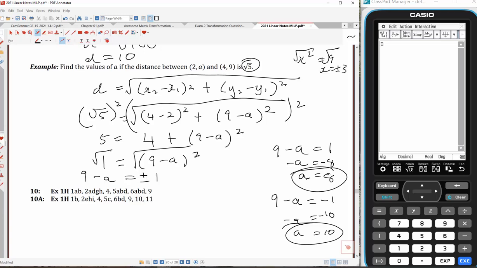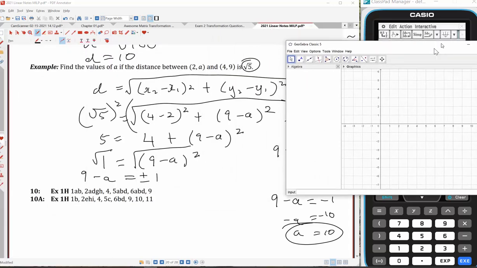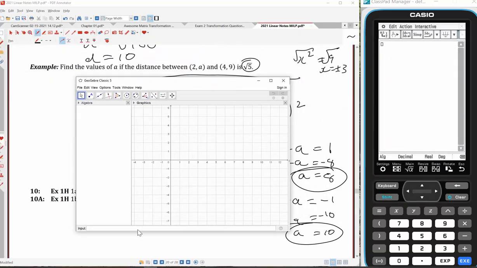Now, which one do I take? Do I take both? Do I take one? Well, here is the answer to our problem. What I'm going to do is put this on GeoGebra and let's have a look at what our solutions actually say. The first thing is I'm going to write down our point 4, 9.